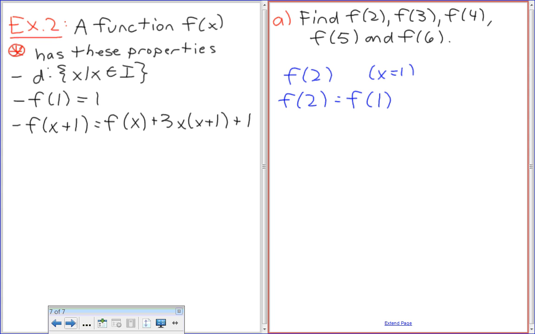Okay, so 1 plus 1 is 2. f of 1, keep telling me what to write. Plus 3. So what does x equal? Good. What is x plus 1? Good. Plus 1.